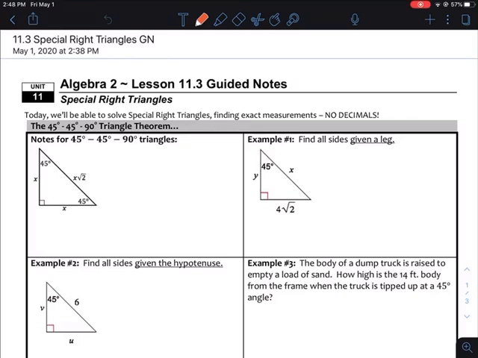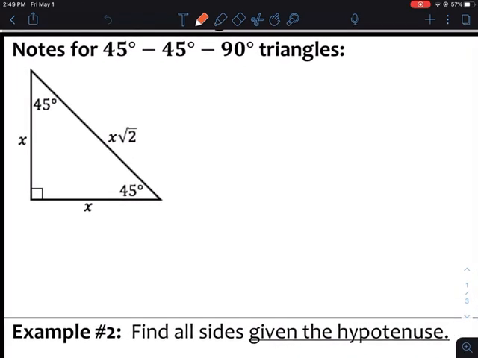Okay, in today's video, we're going to utilize the fact that similar triangles are proportional to do some shortcuts for some special triangles: 45, 45, 90 triangles, as well as 30, 60, 90 triangles. Basically, because these triangles are similar, they always have the same ratio.